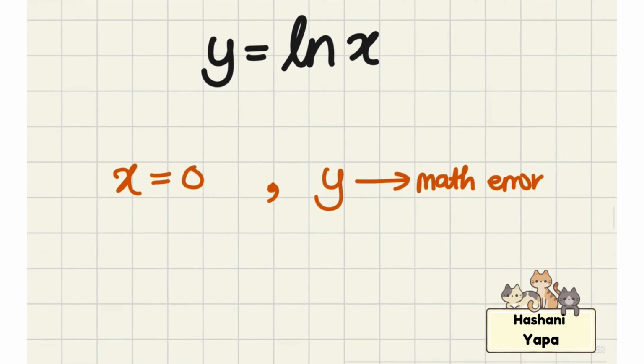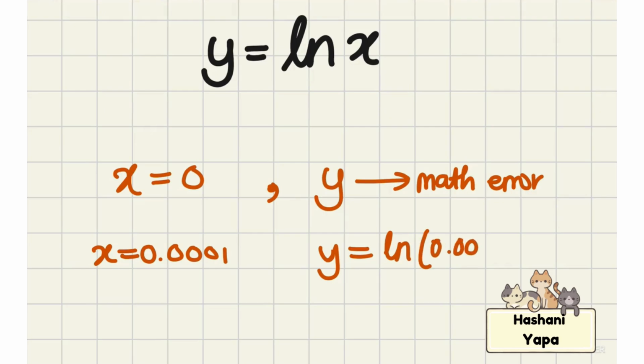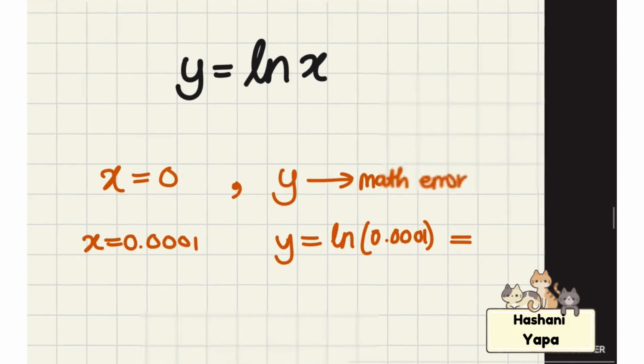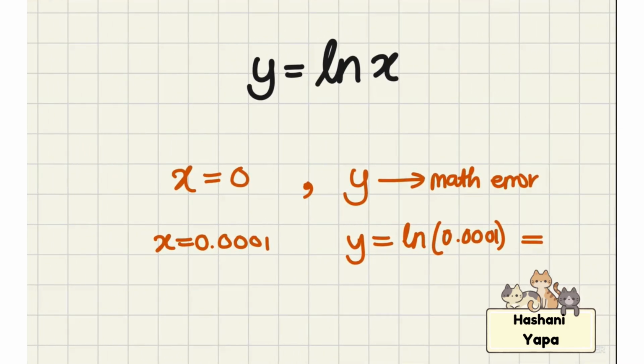So what are we going to do? We can't take 0, right? So if you can't input 0, we'll take a number that is close to 0, about x equals 0.00001, something like that. When you input a very small number to x, y equals ln of the very small number, and that will be equal to a very large negative number.